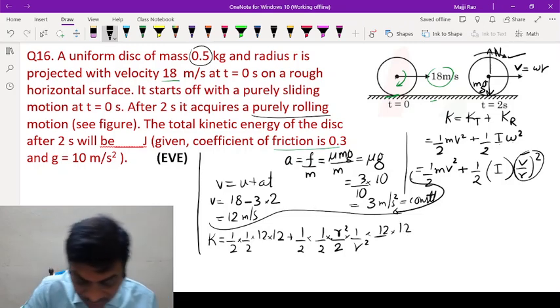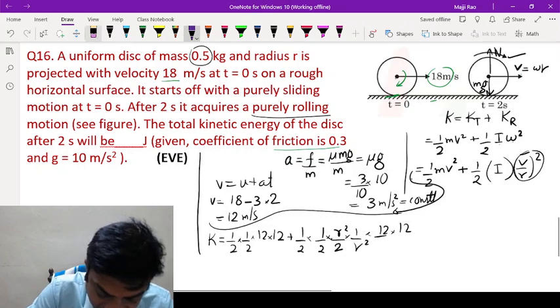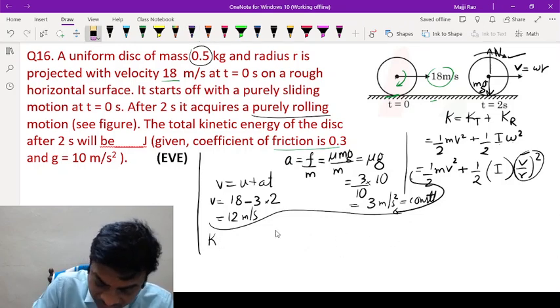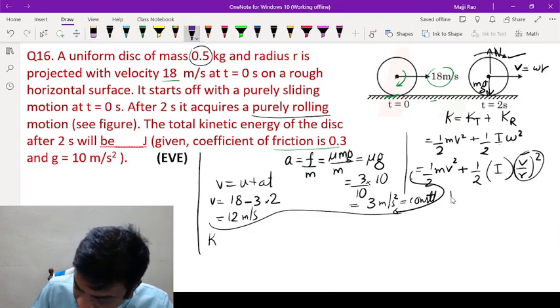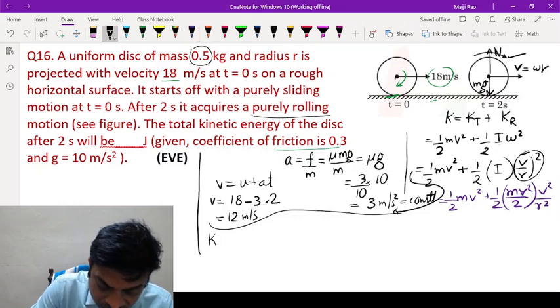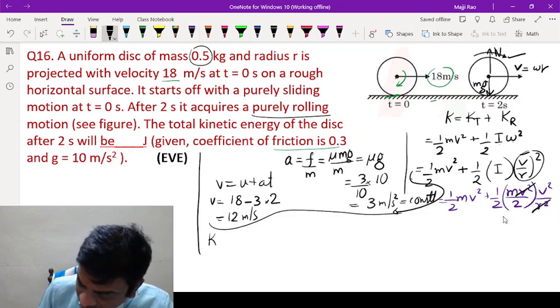Okay, or I'll do one thing. If it is confusing, then let us keep it simple. Here itself I'll simplify. This will be half mv square plus I, which is mr square by 2, into v square by r square. So r square gets cancelled.